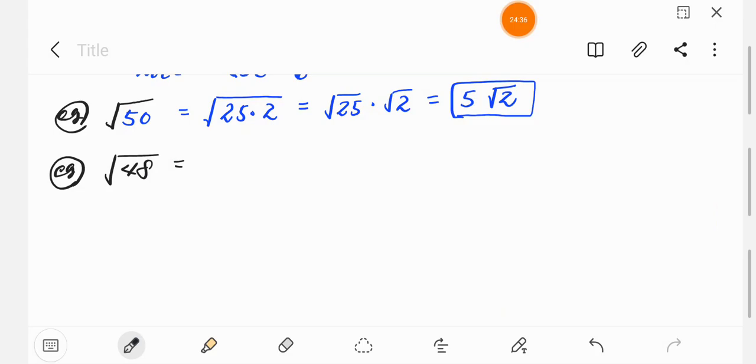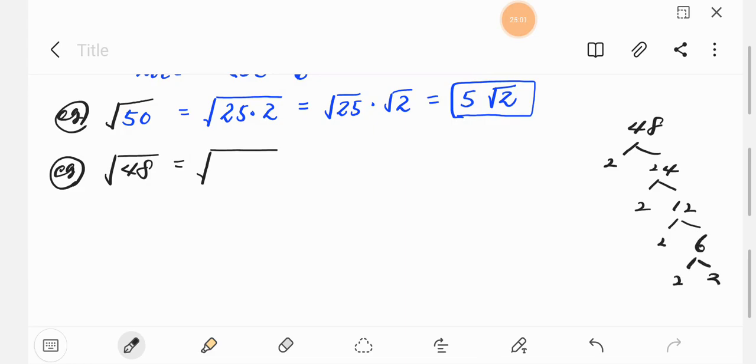Okay, how about square root of 48? Let's simplify this. If we are not sure, then let's do the factorization. So 48 is 2 times 24. 24 is 2 times 12. 12 is 2 times 6, and 6 is 2 times 3, right?